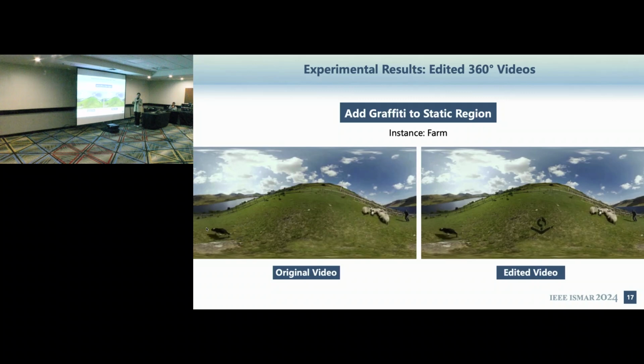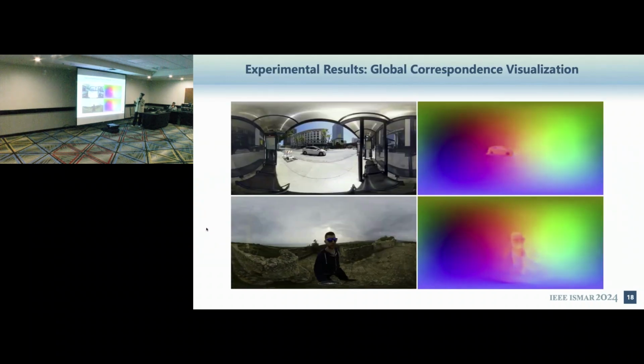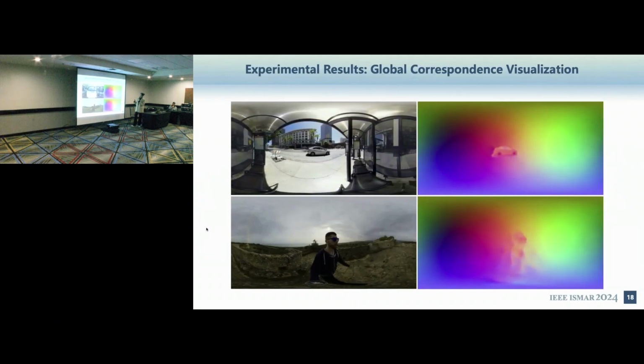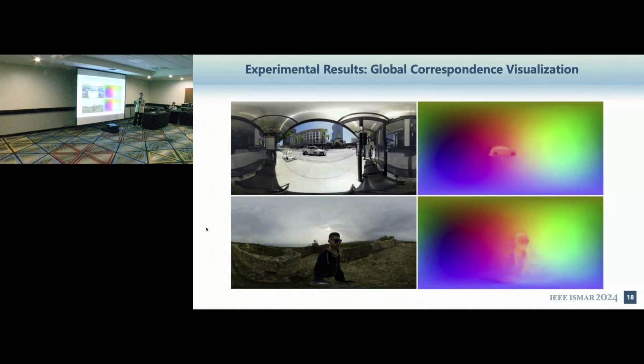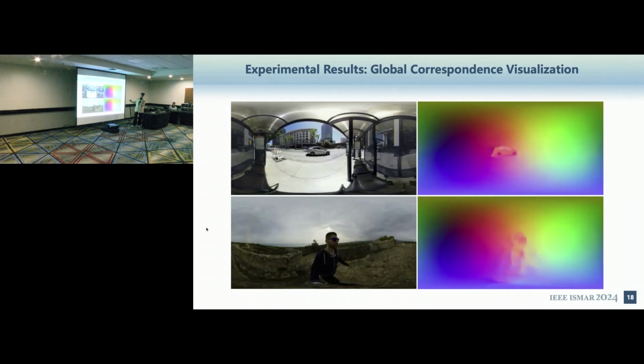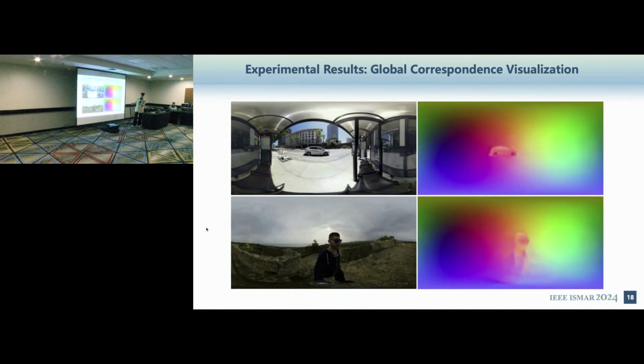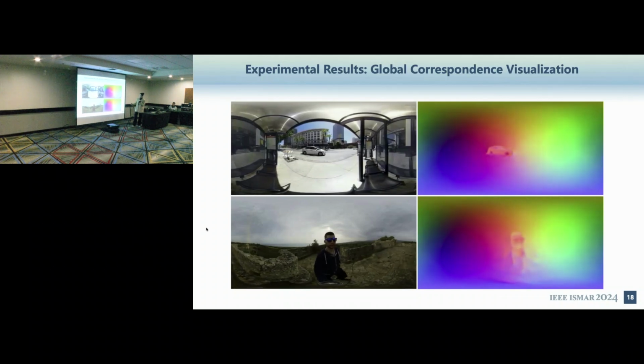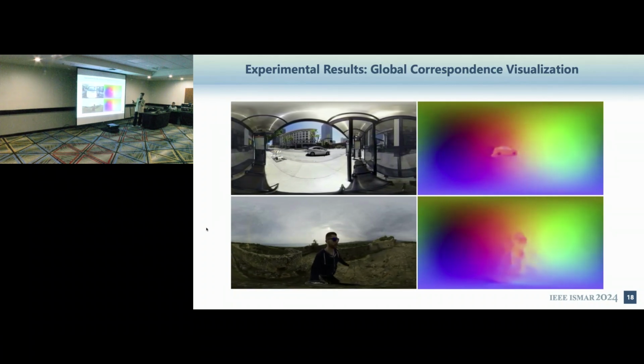And the edit can also apply on a static region, like adding the logo on the grass. This is the visualization of the global correspondence. Like this, we can clearly see the car's and the guy's motions are consistently tracked throughout the whole video.